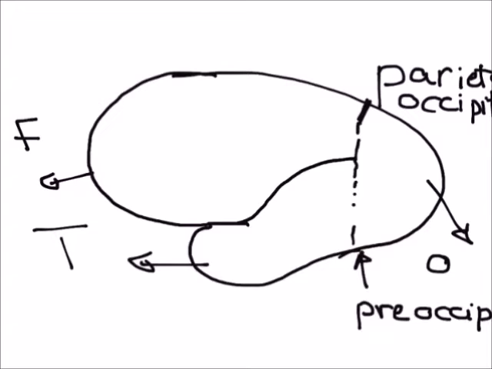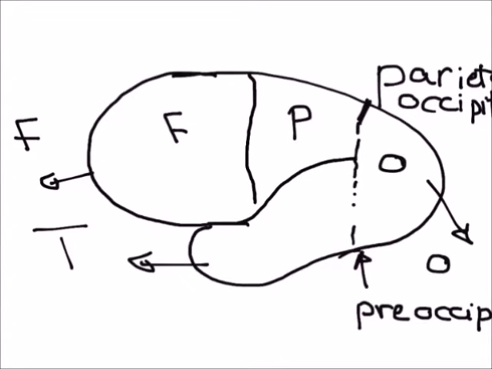Another fissure here exactly in the center of the brain is the central sulcus. This central sulcus is a very important landmark because it divides the cerebrum into the frontal lobe in front and the parietal lobe behind. So this is the frontal lobe and this is the parietal lobe.